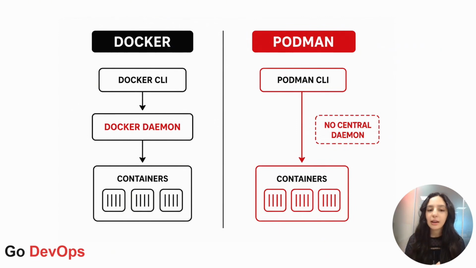So unlike Docker, Podman does not rely on a long-running central daemon constantly running in the background. Instead, Podman directly launches and manages containers. Now, don't worry, we'll explore what that really means later in the series. For now, just keep the idea in mind.